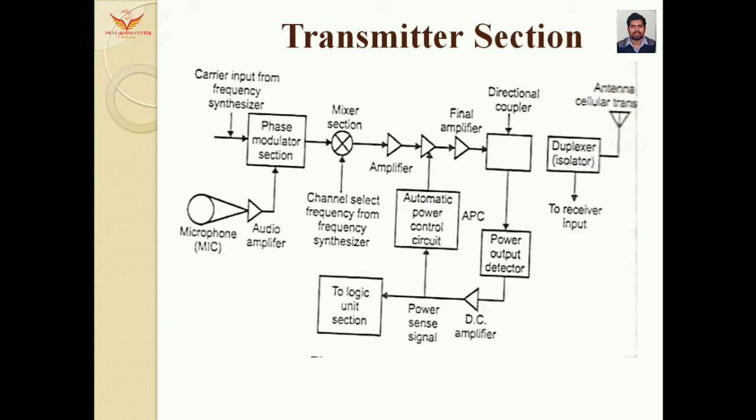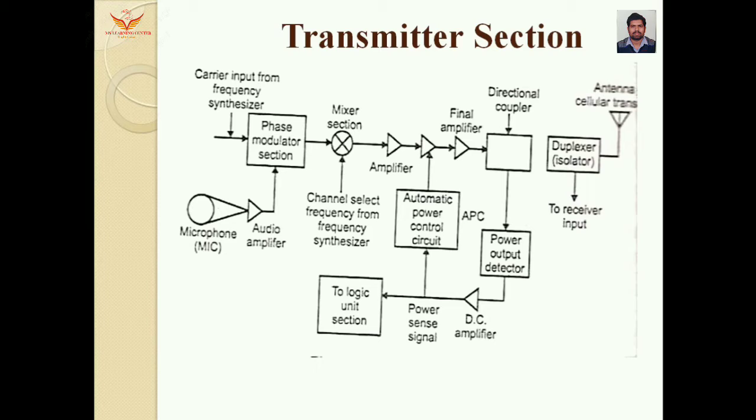This transmitter section, a cellular mobile transmitter, is basically a low power FM transmitter. It operates in the frequency range of 825 to 845 megahertz.